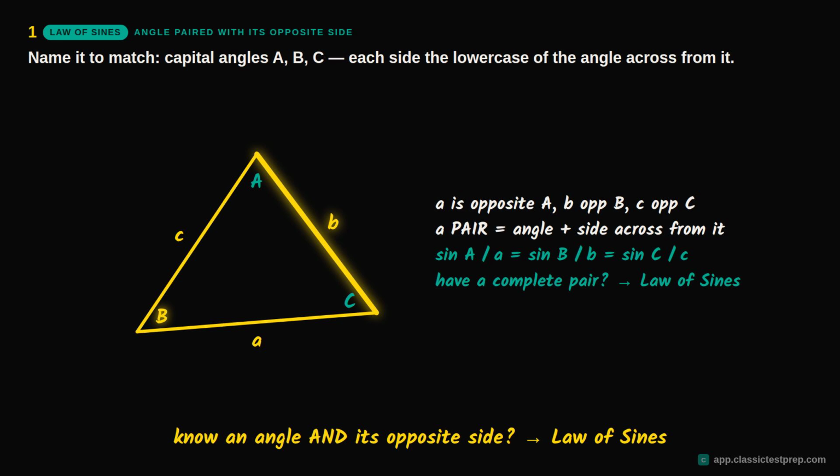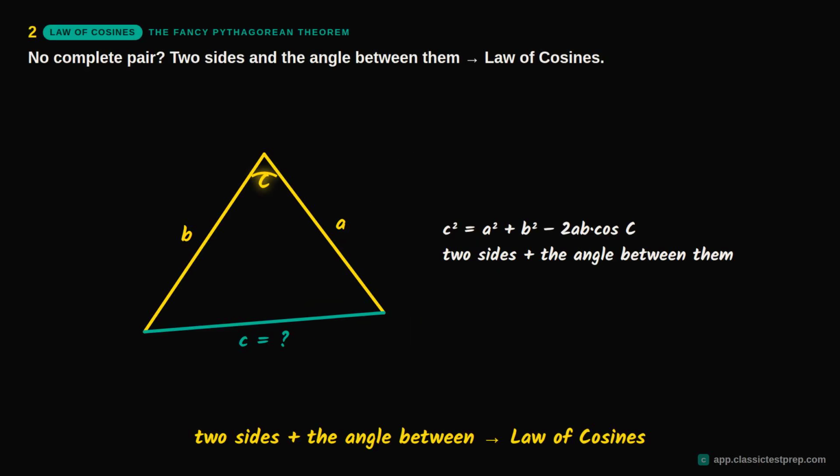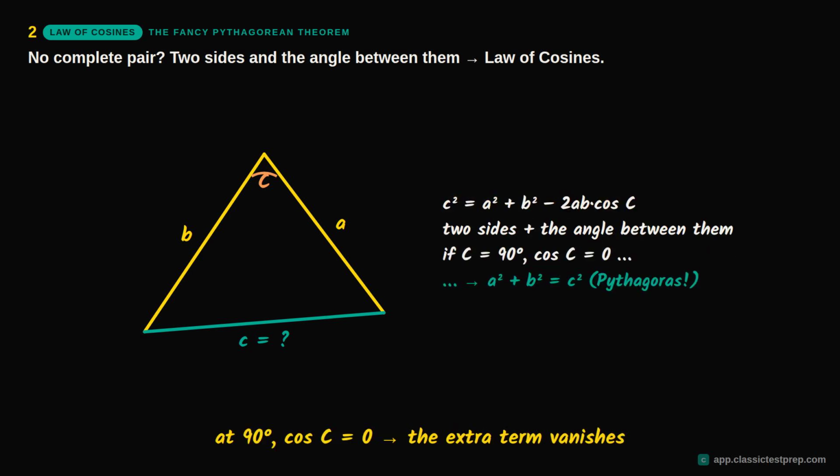But if you only have an angle and the sides adjacent to that angle, then you're probably working with the law of cosines, which is given by this equation. C squared equals A squared plus B squared minus 2 times AB times cosine of C. Now hang on, this looks a lot like the Pythagorean theorem, right? A squared plus B squared equals C squared. Well, when you have a 90-degree angle, the cosine of C is actually just equal to 0.